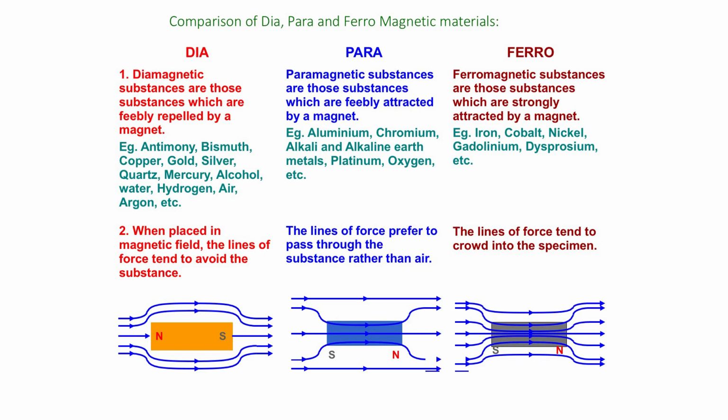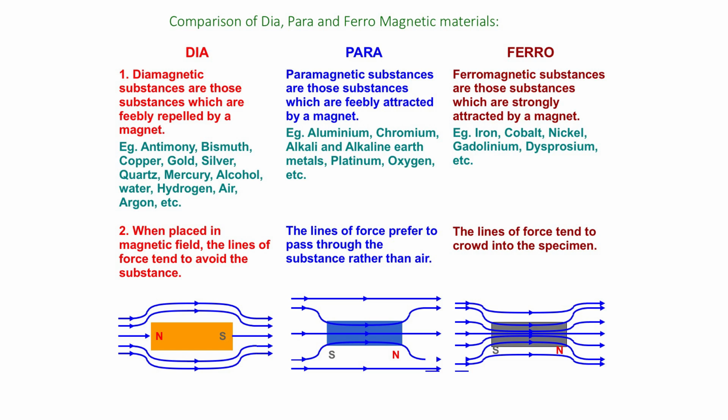So, what is a diamagnetic substance? As we have discussed conceptually, diamagnetic substances are those which are repelled by a magnet, paramagnetic substances are attracted weakly, and ferromagnetic substances are attracted strongly. Examples of diamagnetic substances: antimony, bismuth, silver, gold, copper, hydrogen, air, argon.